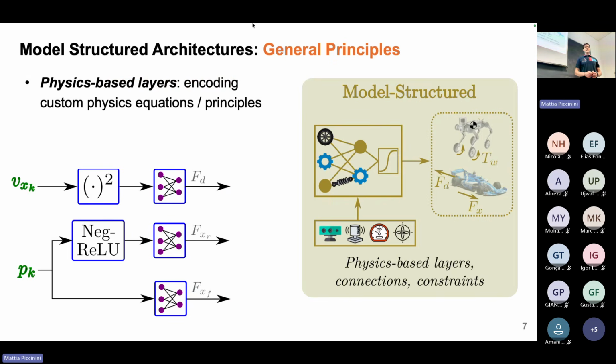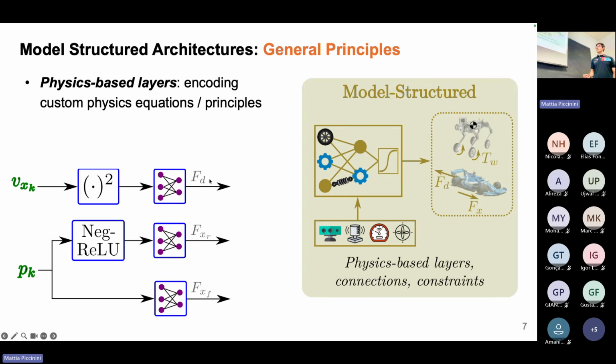Again, there are some general principles that we would like to have for our category. And these principles are, again, physics-based layers. So we can have neural networks, if you want, with different layers, and each layer could encode some physics equations or principles. This example is from the field of vehicle dynamics.